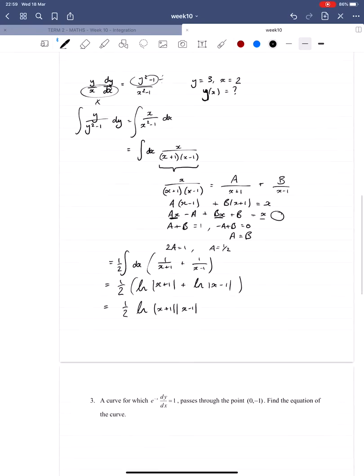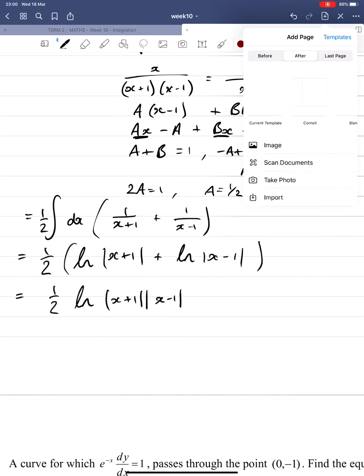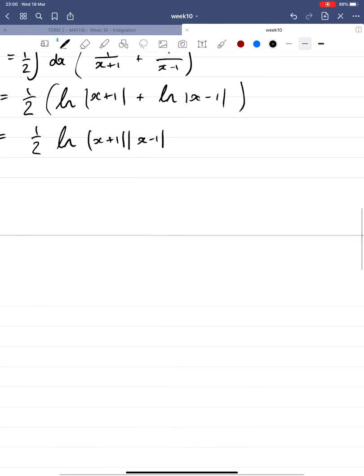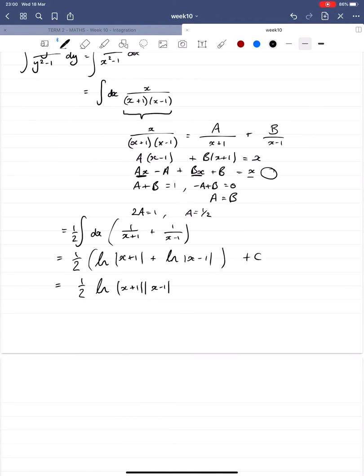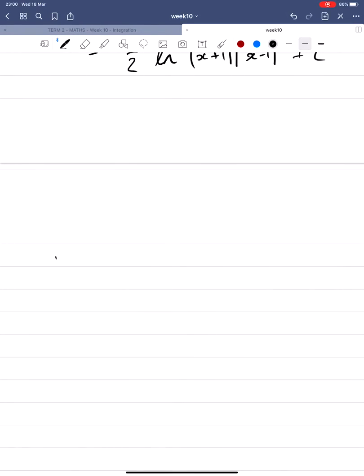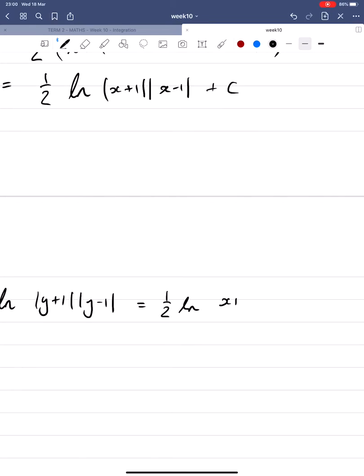Great. Well, almost done. So that was one side. I'll stick in a constant plus c. Doing the other side, that means I'm going to get half ln y plus 1 y minus 1 is equal to half ln x plus 1 x minus 1 plus c.